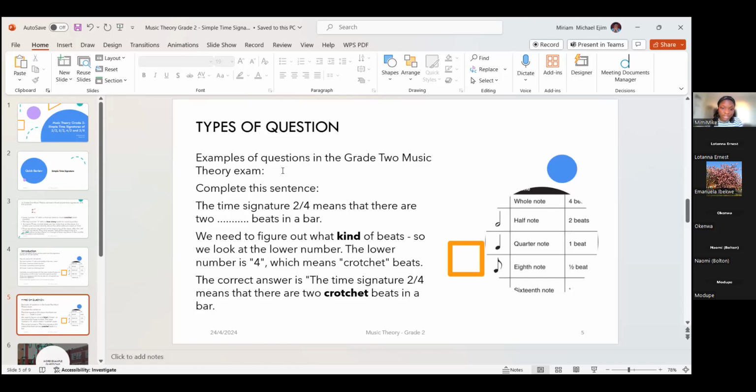When you see something like this, you quickly look at the number below, because they're already telling you that there are two beats, but the 4 tells you what kind of beats are in that bar. So the 4 simply means crotchet beats, or quarter beats. The correct answer would be 2 crotchet beats in a bar.